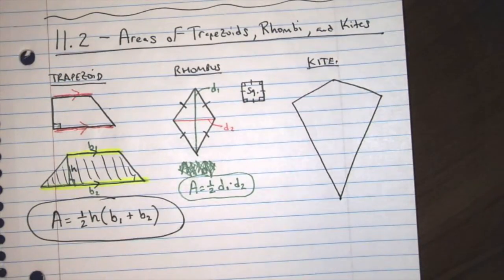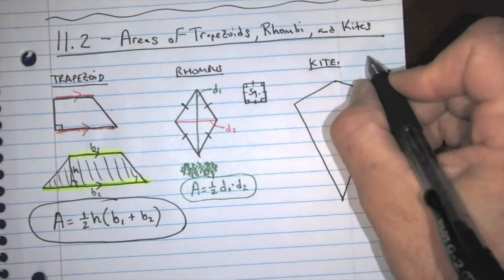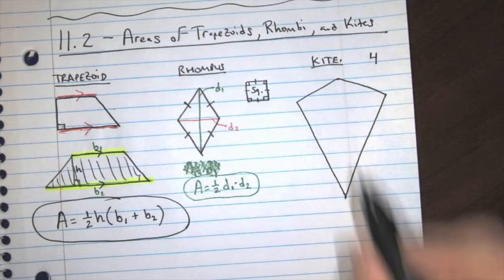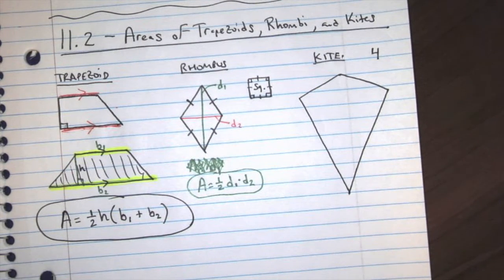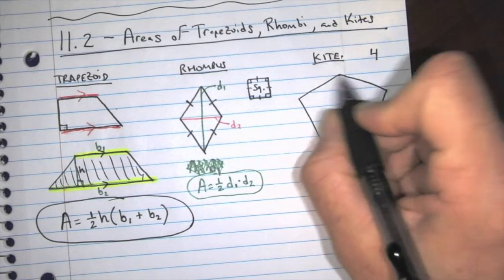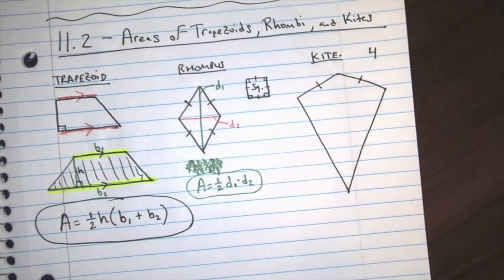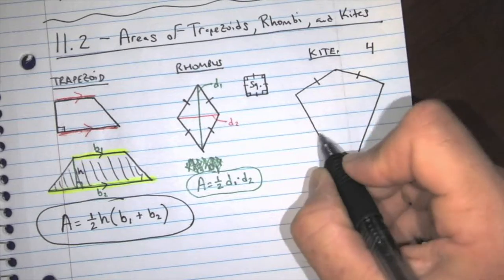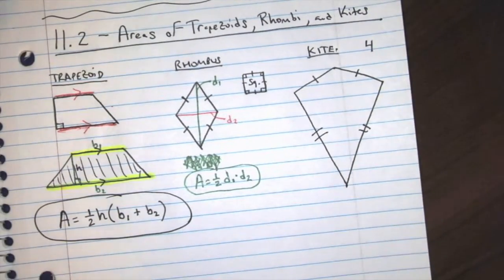Here's a kite, folks. It's a quadrilateral, meaning it's a 4-sided shape. 1, 2, 3, 4. It's a quadrilateral where you have two sets of adjacent sides that are congruent. Adjacent means next to, so I'm talking about these two sides. They're next to each other. Those are congruent, and these two sides are also next to each other. These are congruent. This is a kite.